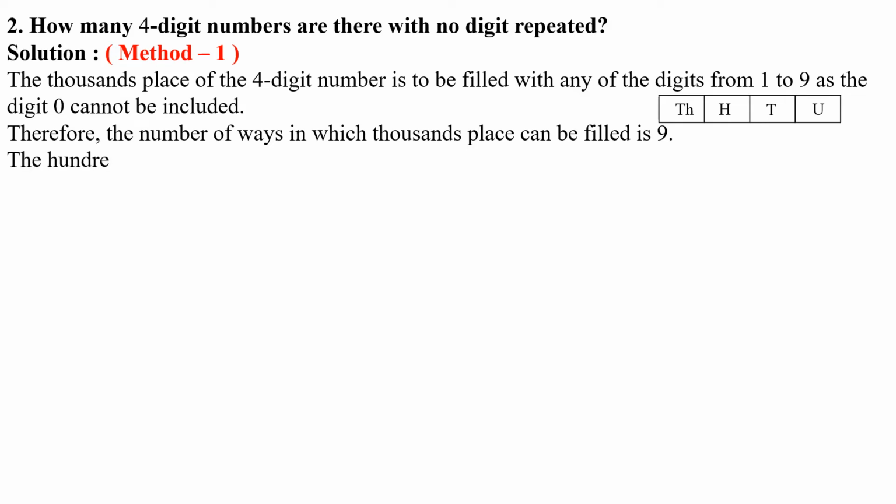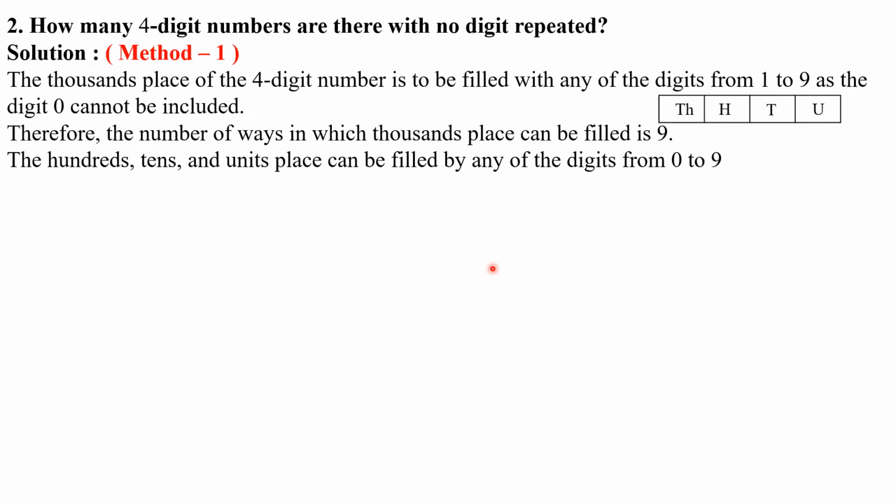Therefore, the hundreds place, tens place, and units place, these 3 places can be filled by any one of the digits from 0 to 9. From 0 to 9, we have to fill these 3 empty boxes.